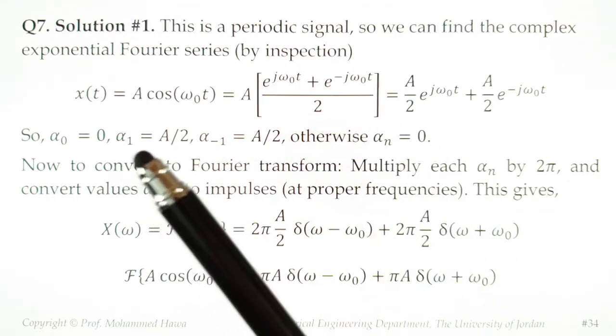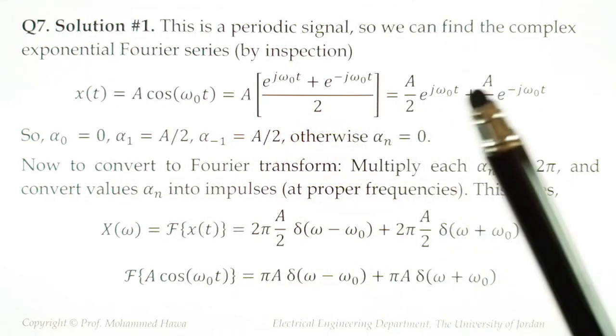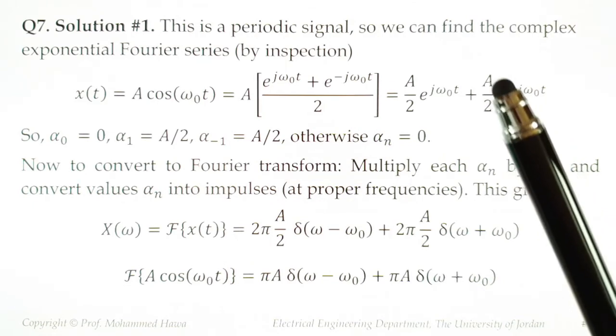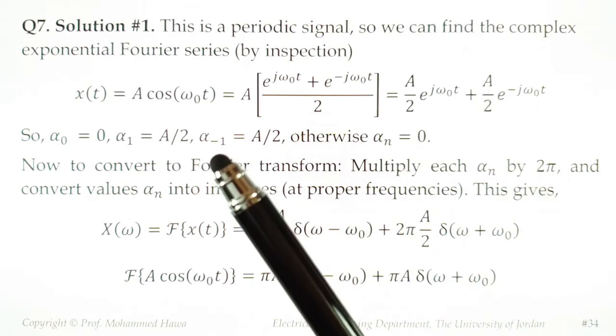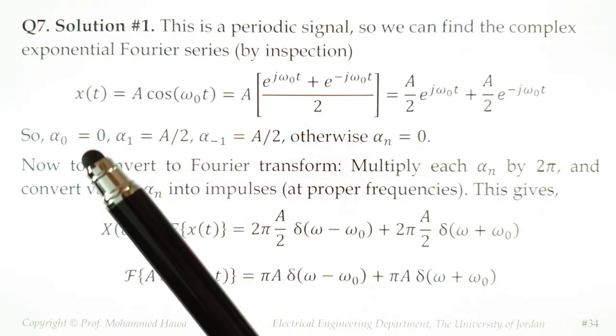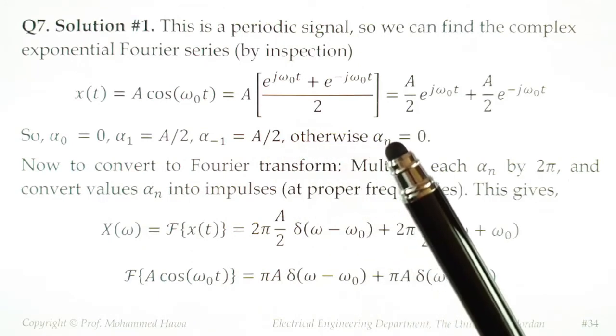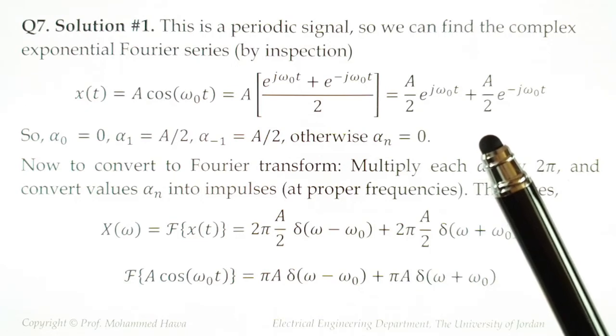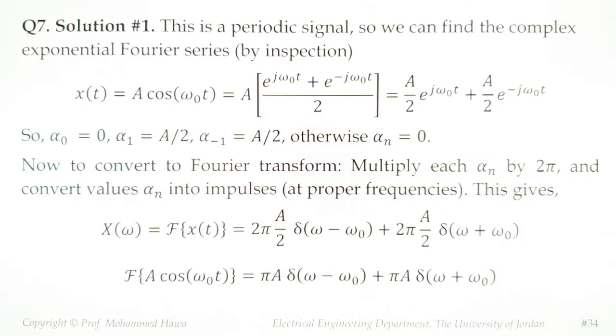So alpha 1 is a over 2. This exponential with the frequency minus omega naught has amplitude a over 2. So alpha minus 1 is a over 2. All the other alphas, including alpha 0, alpha 2, alpha 3, alpha 4, alpha 5, alpha minus 10, alpha minus 20 are zeros. This is a very simple answer that you should know for a cosine.